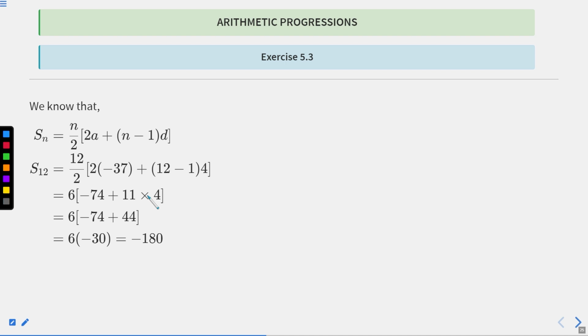This is equal to 6 times minus 74 plus 11 times 4, which is 6 times minus 74 plus 44, which is 6 times minus 30, that is equal to minus 180. So the sum of the terms of this AP, S12, is equal to minus 180.